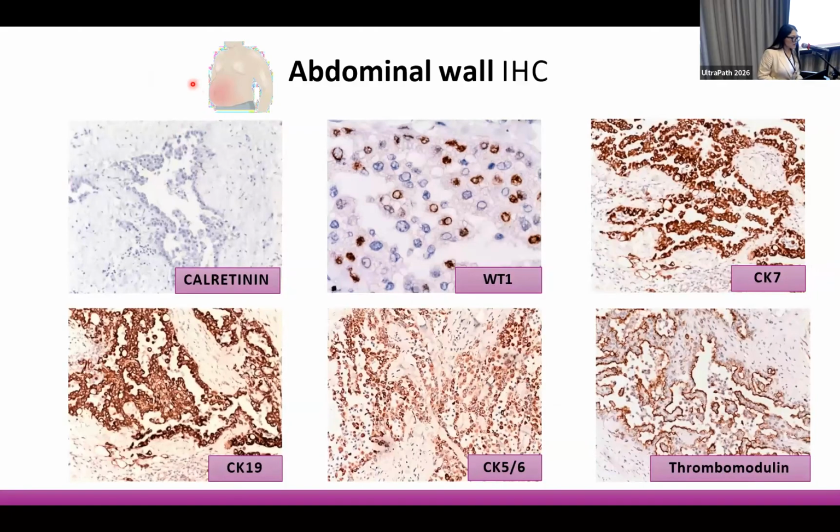And in the abdominal wall specimen, we completed the immunohistochemical markers. This was negative for calretinin, but positive for the rest of the mesothelial markers like WT1, CK7, CK5/6, and also positive for thrombomodulin.